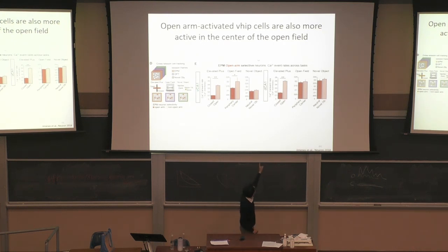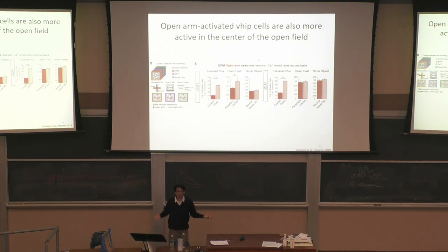And then those cells fire more in the open arms because they're selected as being cells that are more active in the open arms. And then those cells are not more active in the open center of the open field. And they're also not responding to novelty. So here the cool thing is they're showing that the dorsal hippocampal cells that are firing to the open spaces, they're not really firing to openness.